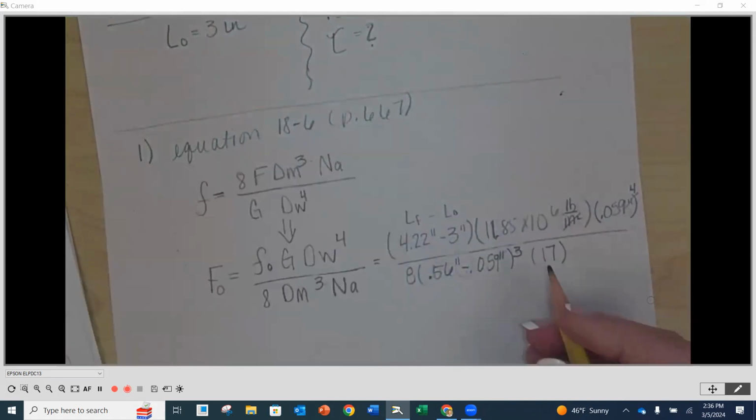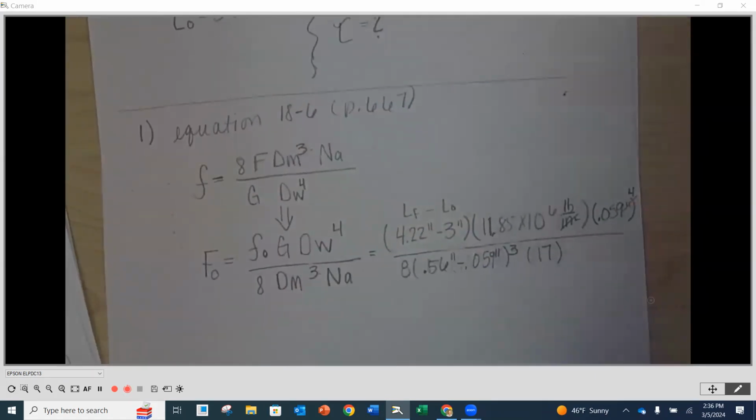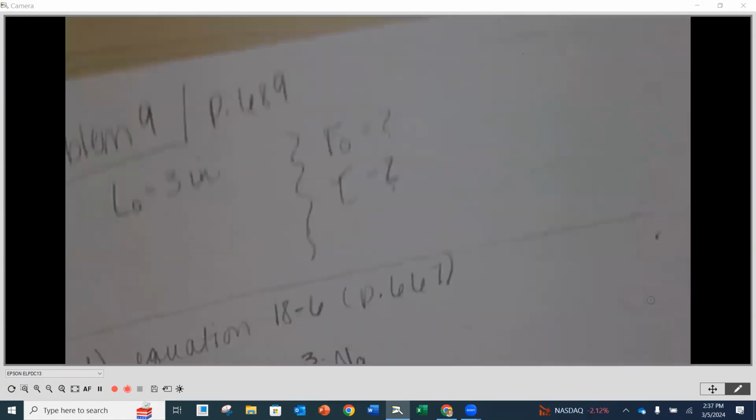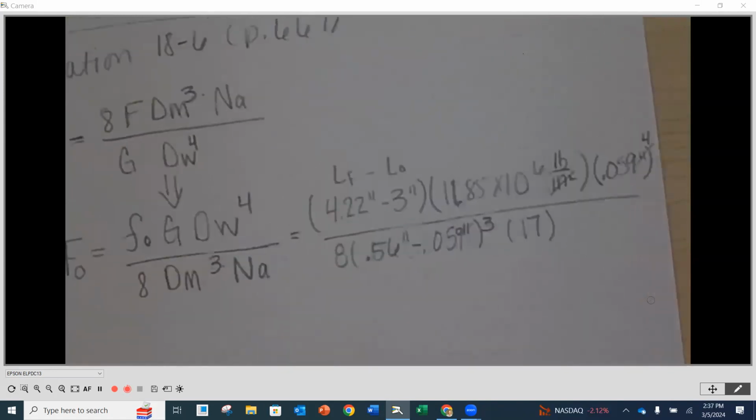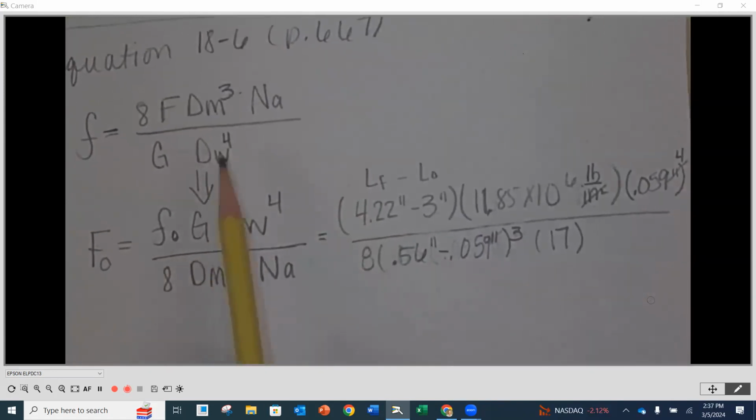That's what it is. Does that look better? And my cubed went down, you're right, it's the mean diameter. So then we have to take the 0.56 minus the wire diameter cubed. Thank you.